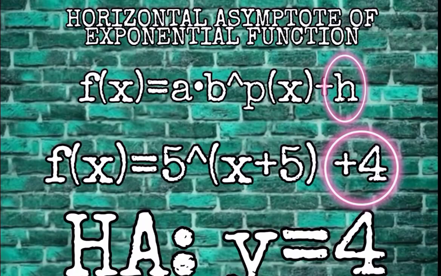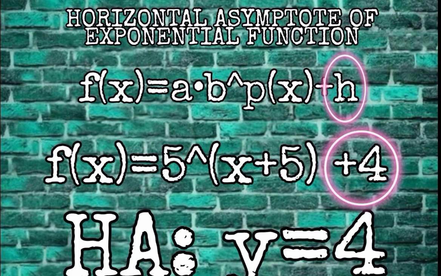Now, this is our first equation. f(x) is equal to a times b raised to the power of (x + h), and f(x) is equal to 5 raised to the power of (x + 5) + 4. Therefore, our horizontal asymptote is equal to what, guys? Oh, that's great! y equals positive 4.